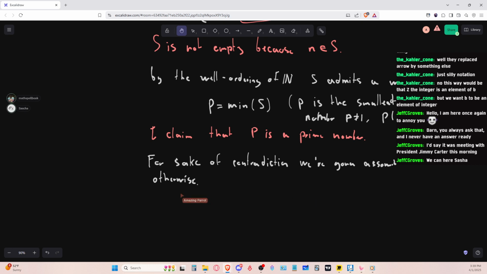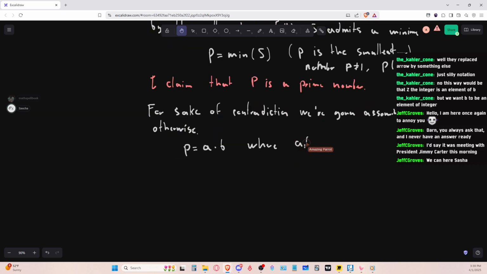So let's assume that p is actually a product of two numbers a and b, where of course a and b are natural numbers, and a is not 1, and b is not 1 as well. Okay. So what can you say about a and b in terms of their size?